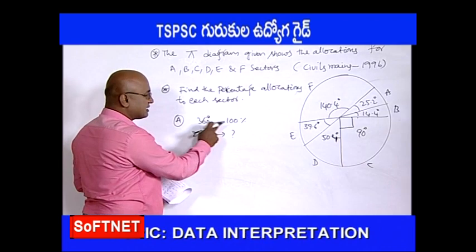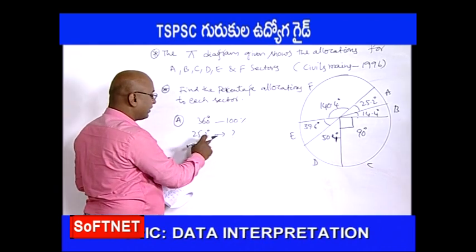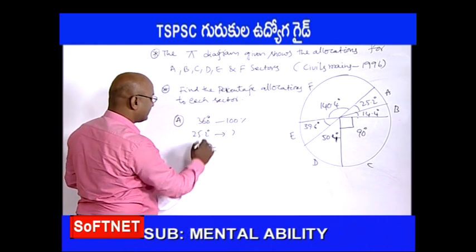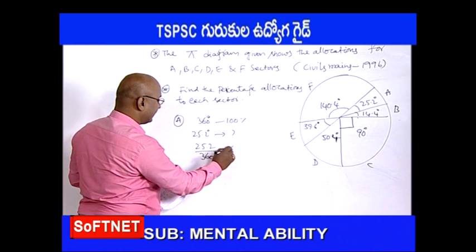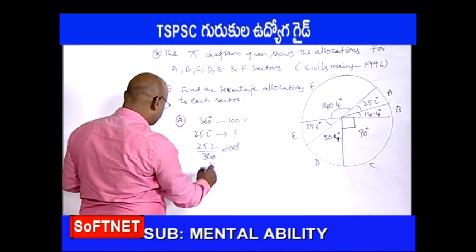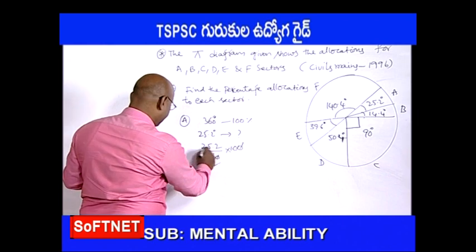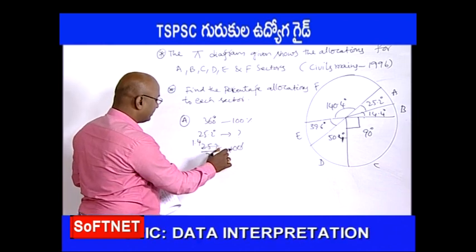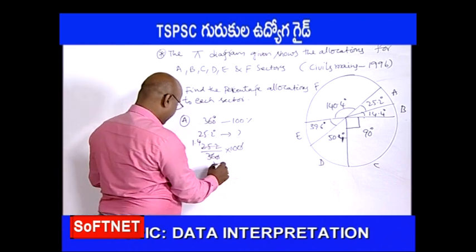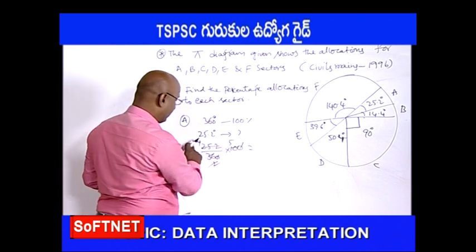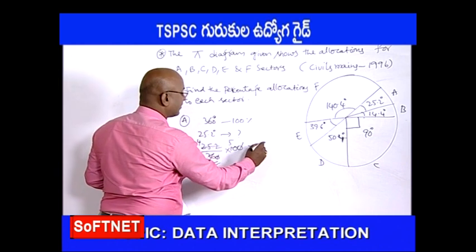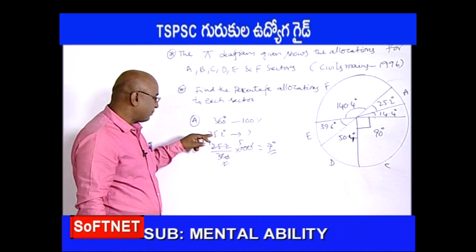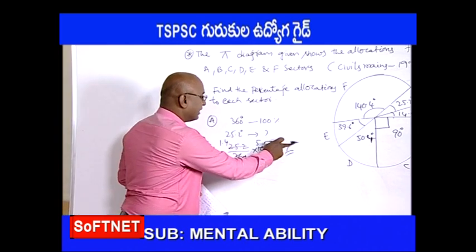If 360 degrees is equal to 100%, then 25.2 degrees, how much? 25.2 by 360 into 100. 18 twos are 36, 18 ones and 18 fours. So 1.4 into 10 by 2, that is equal to 2 ones are 2, 2 fives are 10, and 14 fives are 70. So that is equal to 7. Got it? So the percentage of A is 7%.